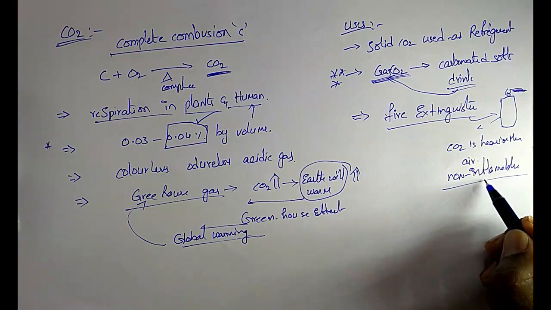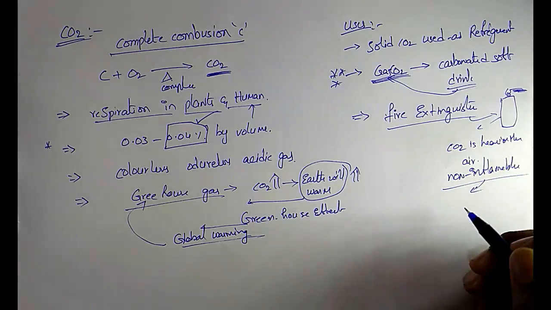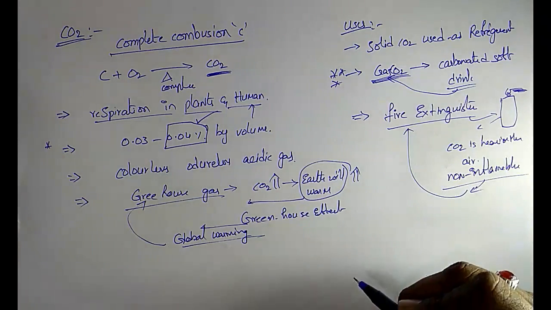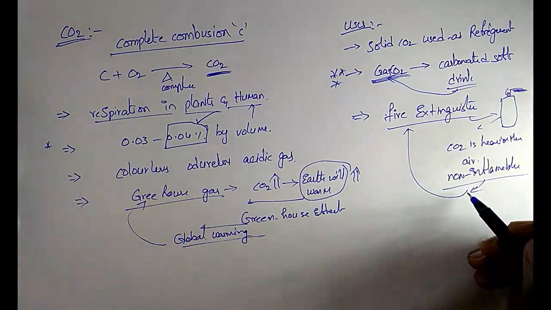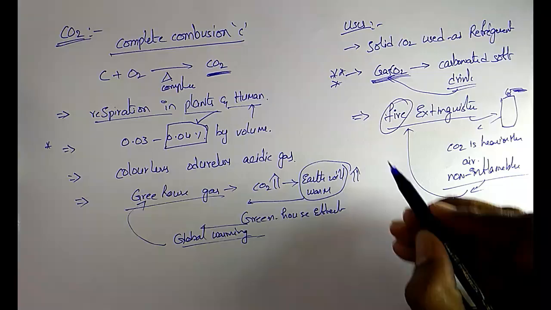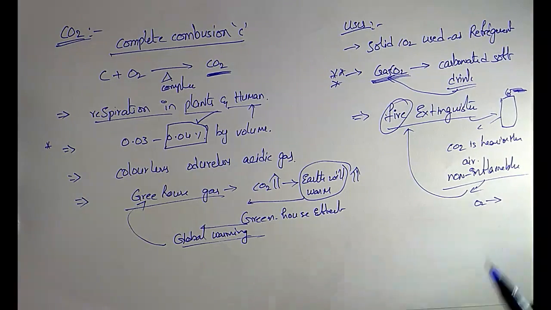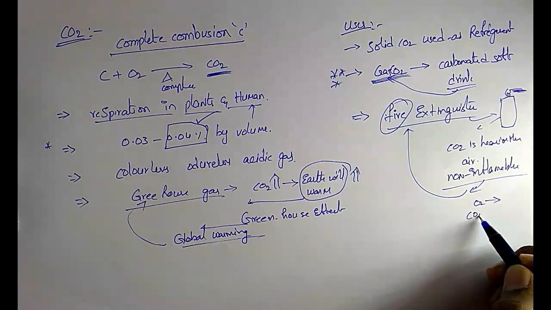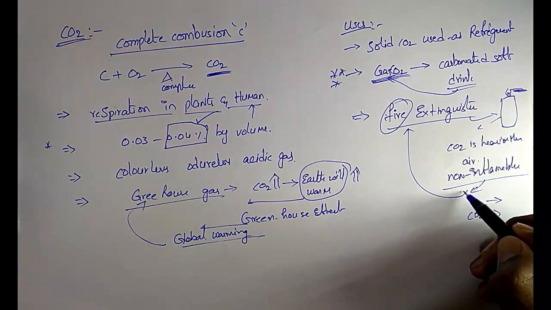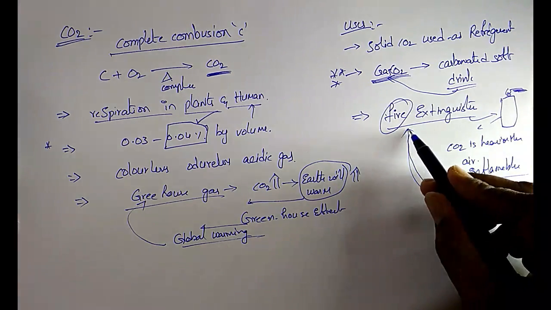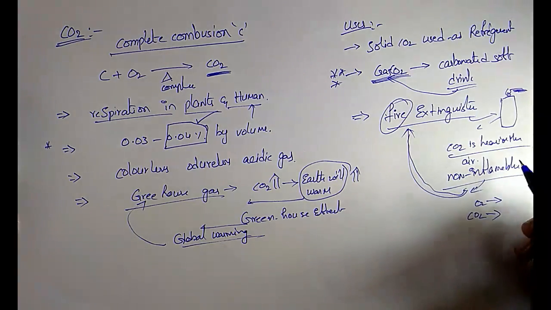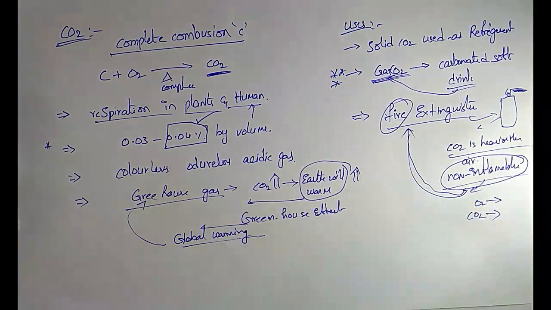It also opposes the flame, so that is why it is used as a fire extinguisher. In the case of oxygen, it supports the fire. In the case of CO2, it opposes the fire. So CO2 gas is extensively used in fire extinguishers.